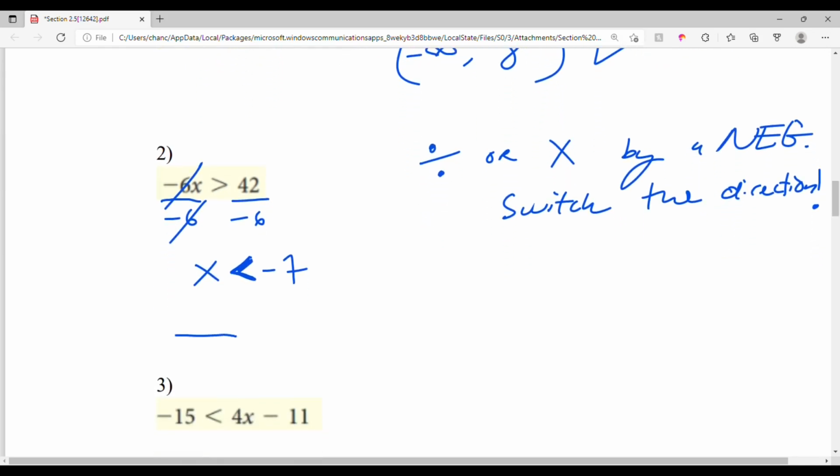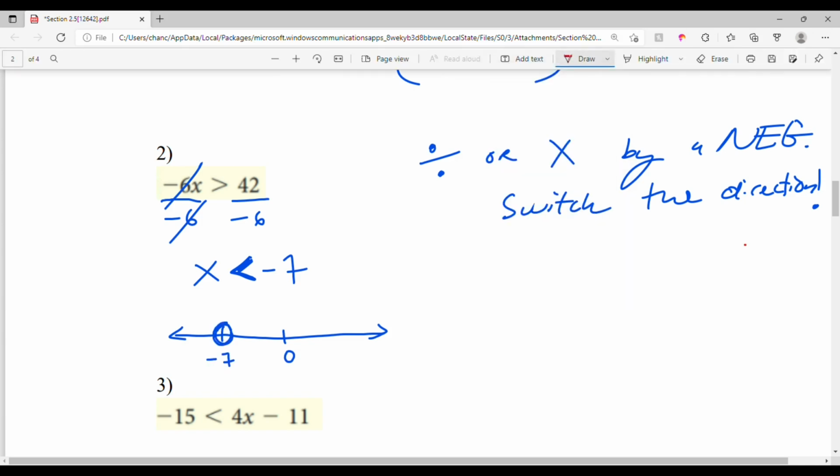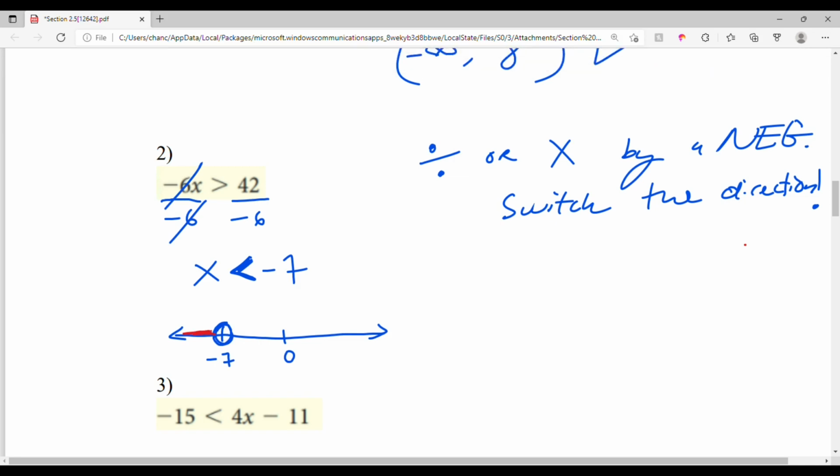Now I can start my graph. We have a 0 in the middle, a negative 7 on the left. We have to shade towards the left because we are looking at all the values that are less than negative 7. And what's my interval notation?